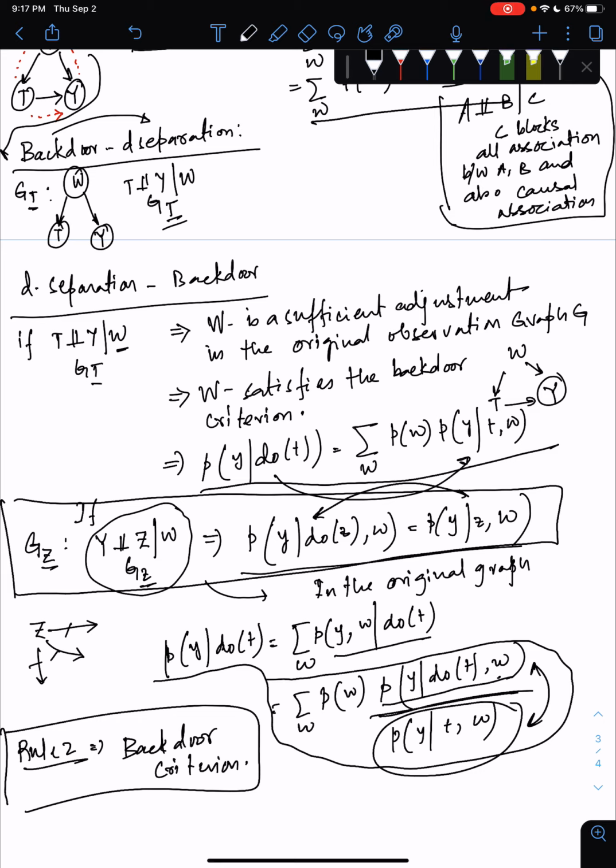So what do-calculus says is that we are in a graph where this conditional independence holds, and also we have removed the outgoing edges from Z. Then we are trying to estimate Y given do Z and W, and we can remove this do and we will have only this Z. So this is a causal estimate and this is a statistical estimate.